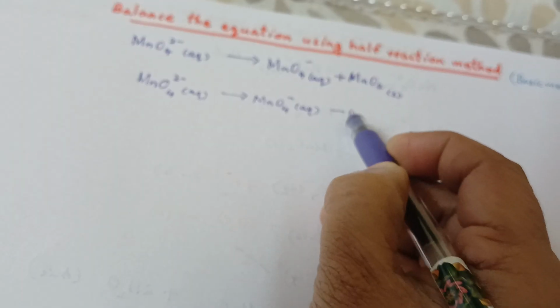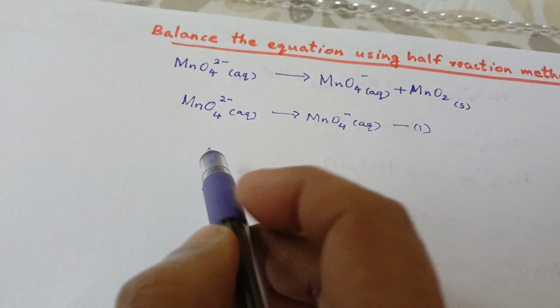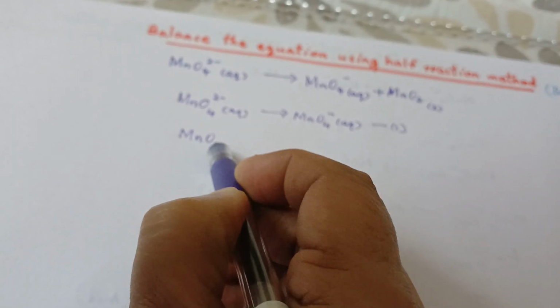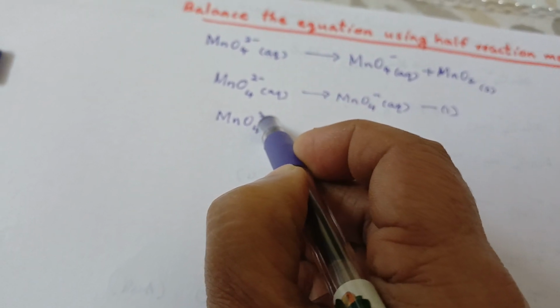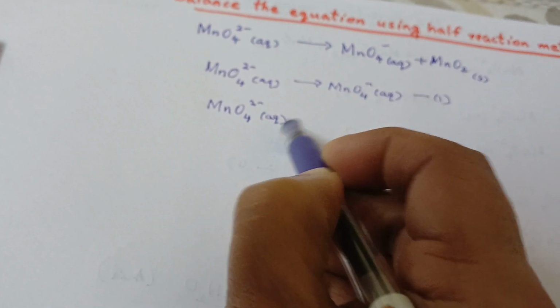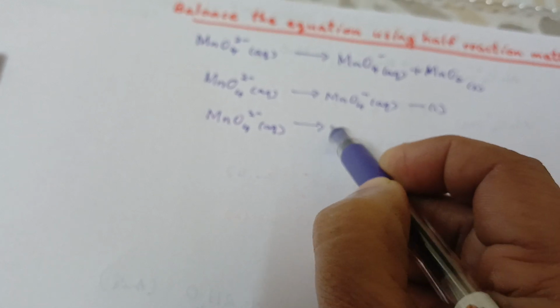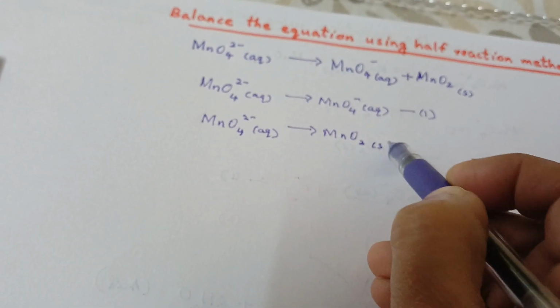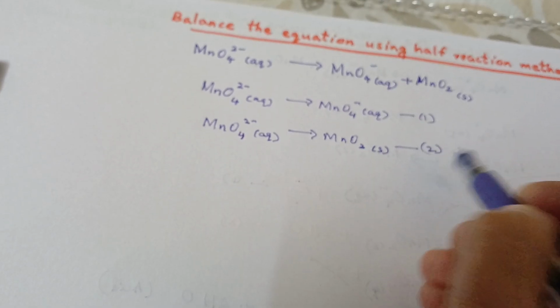This is the first half reaction. And the next one: MnO4 2- aqueous giving MnO2 solid. This is the second one.